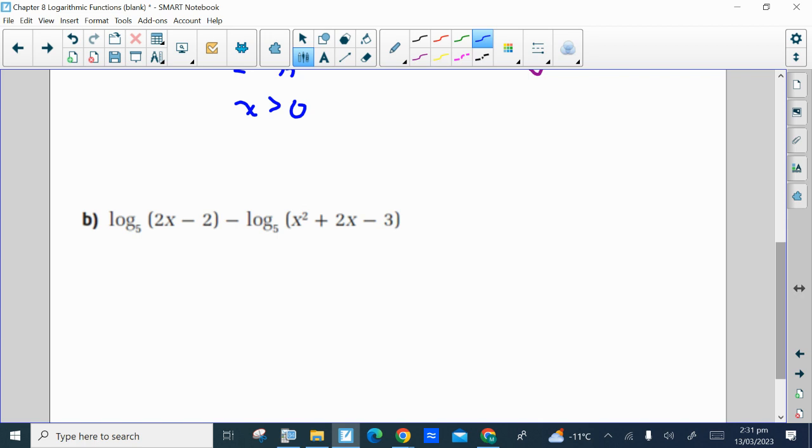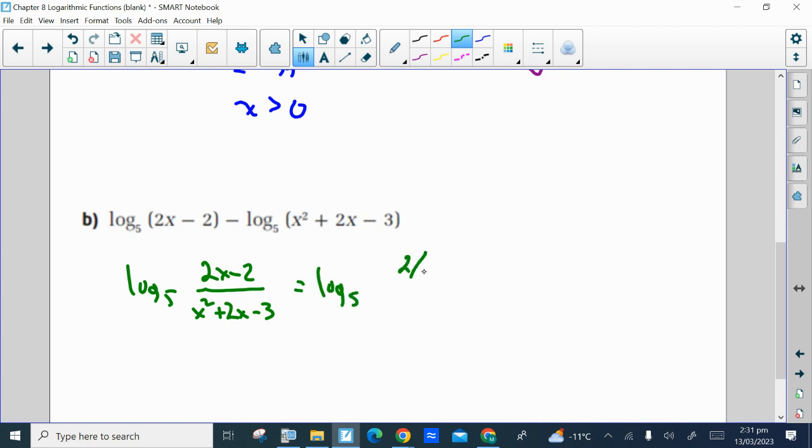And we'll see what becomes of the arguments, because we're going to do some factoring here. But first, we will combine the two expressions together using, in this case, the quotient law. It'll be log base 5 of 2x minus 2 over x squared plus 2x minus 3. So there's a common factor of 2 on top.